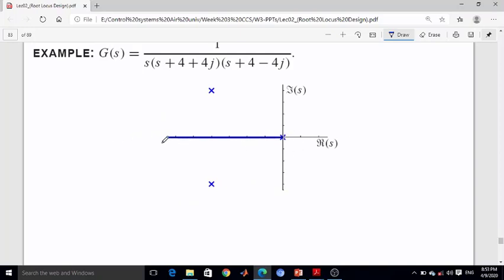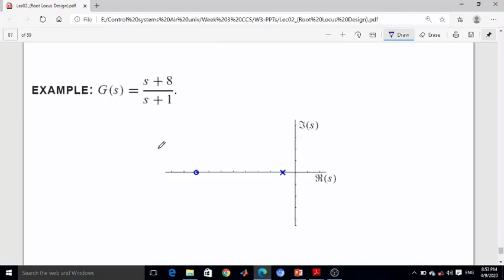We will have all this region, all this real axis to the left of this pole, located on the root locus. Let's talk about this example where we have one zero and one pole, and the zero is located at -8. This is -8, and the pole is located at -1.